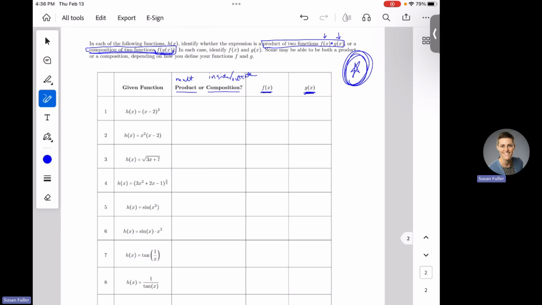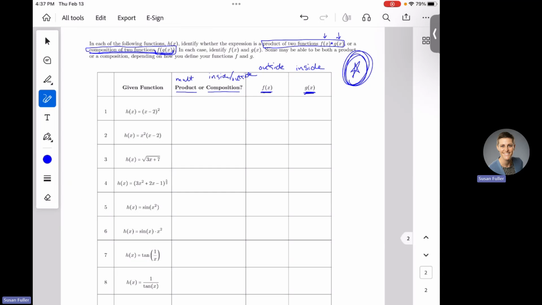So when you do a composition, f of x is going to be your outside function, and g of x is going to be your inside function for composition. And again, that's going to happen when we have an inside and an outside function.